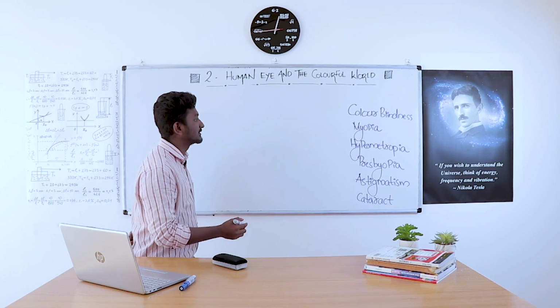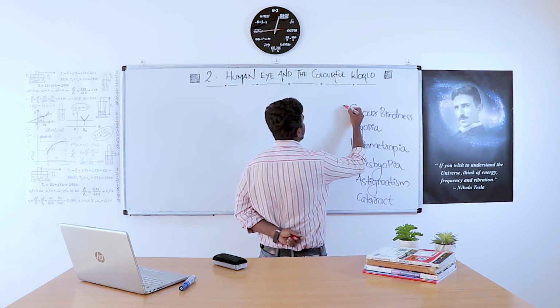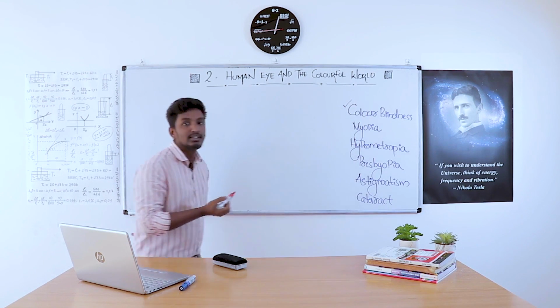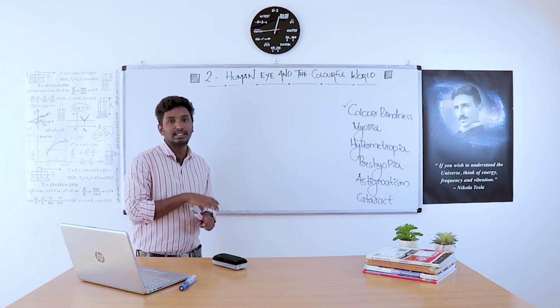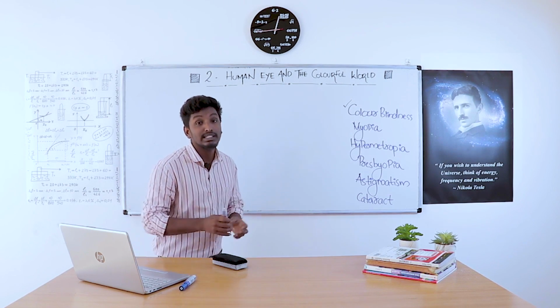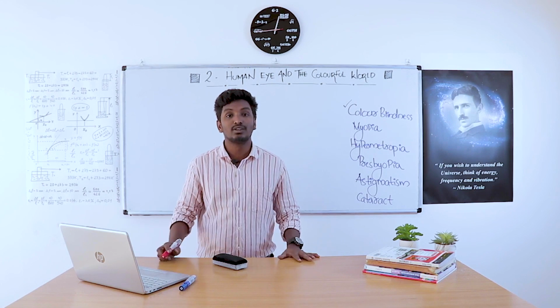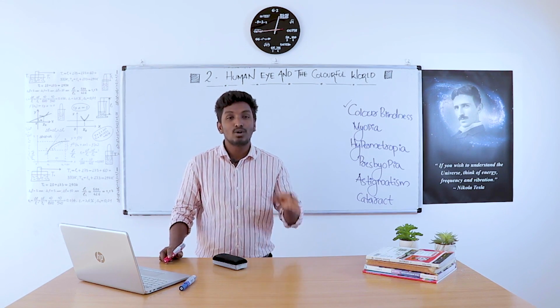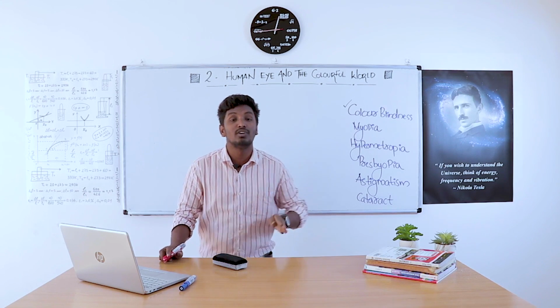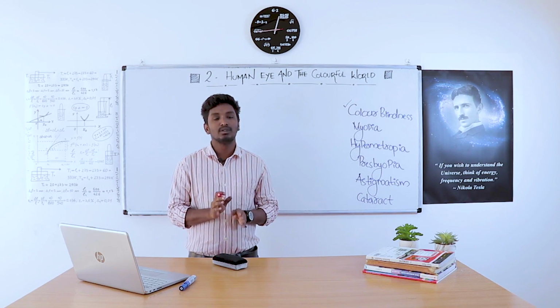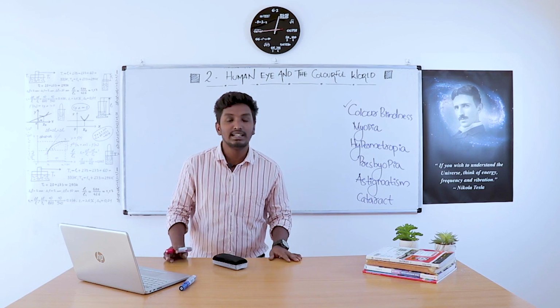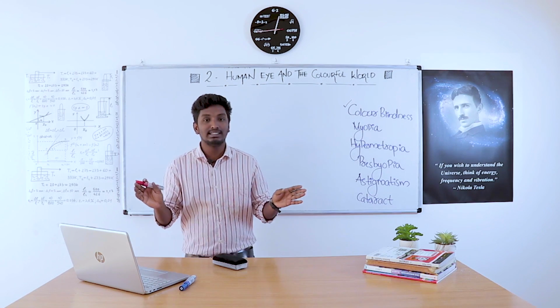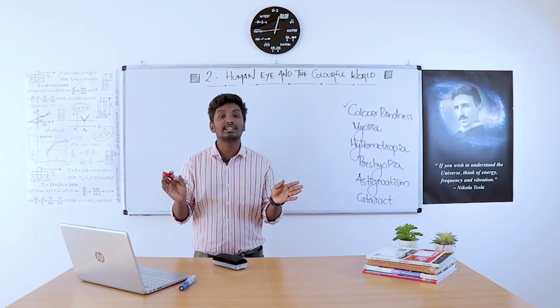So moving to the first one. First is color blindness. We can see different colors because in our retina we have rod cells and cone cells. Cone cells are responsible for seeing colors. For different colors, different cone cells are responsible.